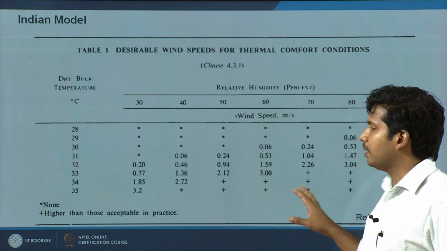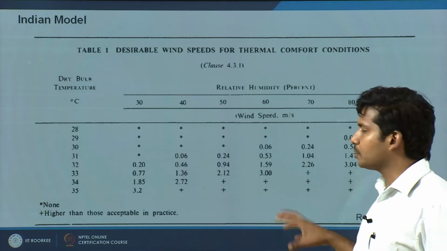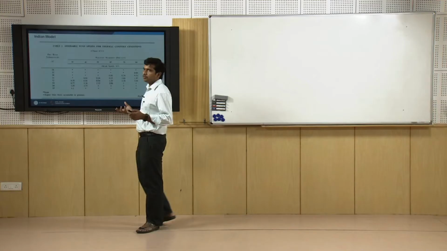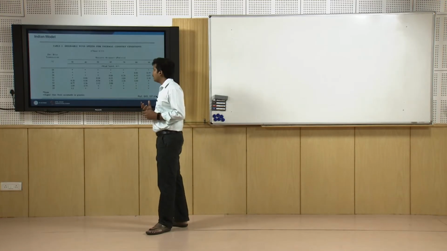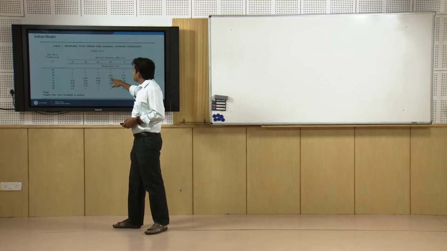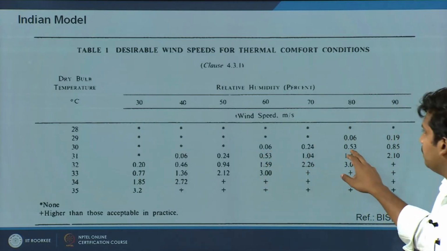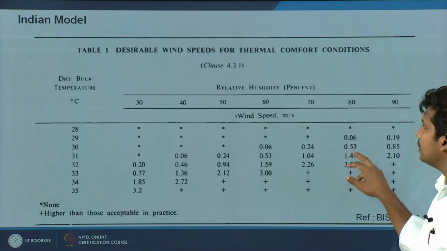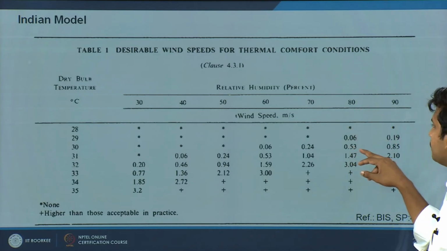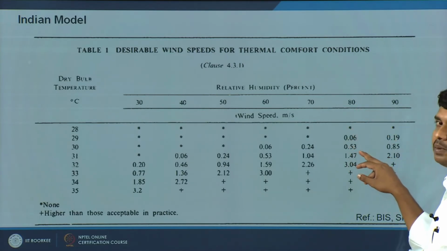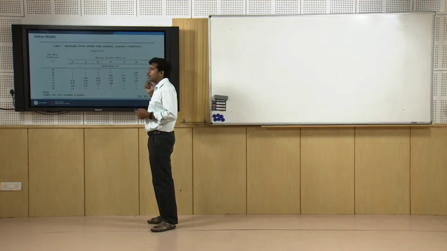These tests were done for Indian subjects, so the derivations hold good for most of the warm humid, composite or hot dry regions of India. At 30 degrees and 60% relative humidity, you will still be comfortable without air movement. Now if the relative humidity increases to 80% at the same 30 degrees, you will need 0.5 meter per second air velocity to be comfortable.